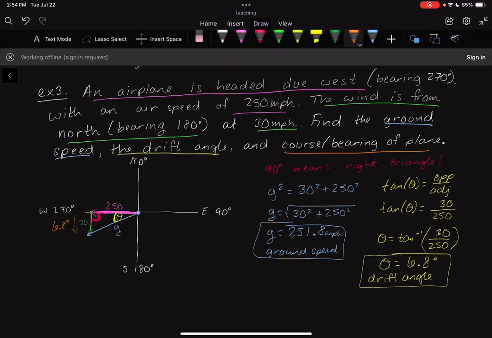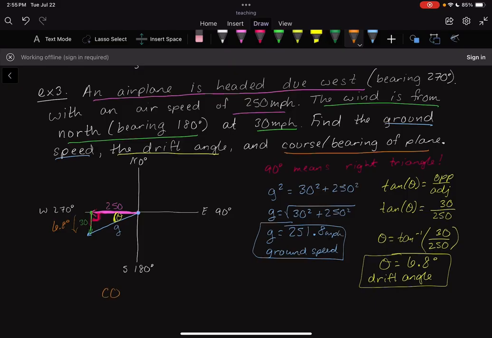Do you think we should add 6.8 to 270 or should we subtract it? What I want you to notice is we're trying to get closer to the bottom, which is 180. So we're going from 270 closer to 180. So since we're getting smaller, we want to subtract.